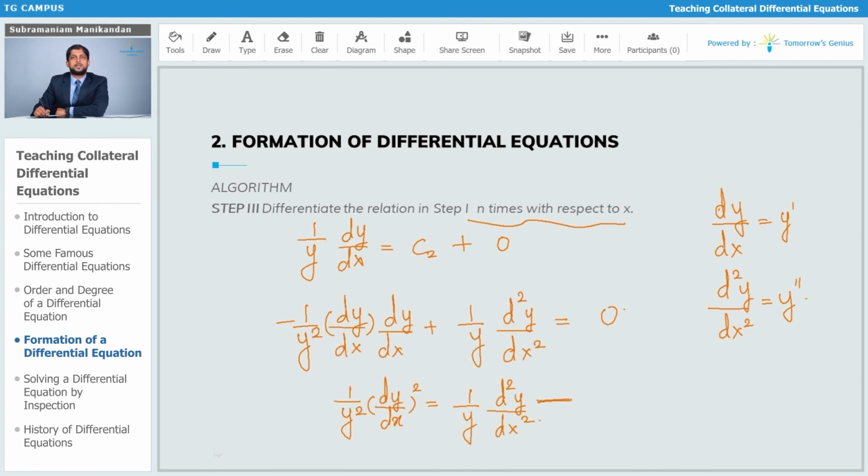Then we can write this equation as 1 upon y square y dash squared is equal to 1 upon y y double dash. Then we multiply both sides by y square to get y dash square is equal to y square upon y, which is simply y, into y double dash. So we get y dash square is equal to y into y double dash.